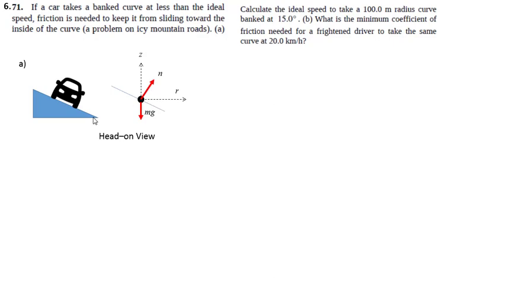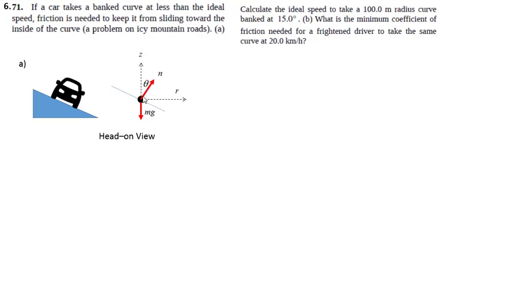The next tricky thing is that I need to figure out what angle I'm going to use to break this up. So this angle on the ramp here is 15 degrees. That means if I drew a horizontal line here, this angle would be 15 degrees, which means this angle is 15 degrees, which means this angle is 75 degrees, and this angle up here is 15 degrees.